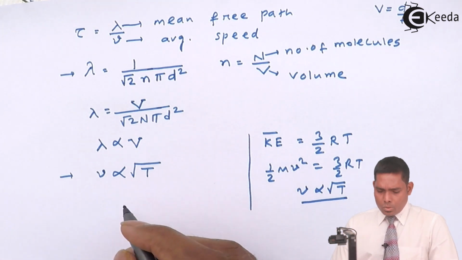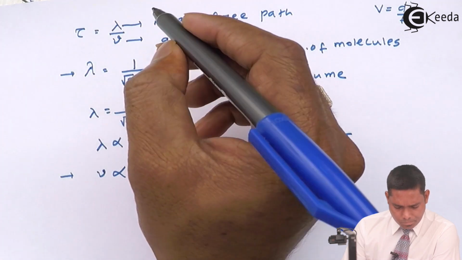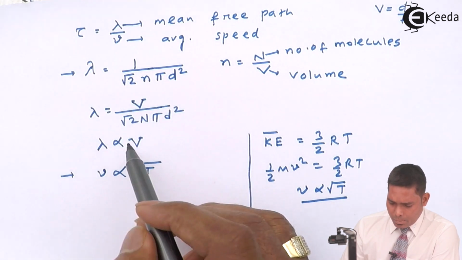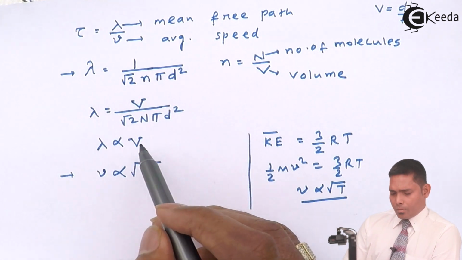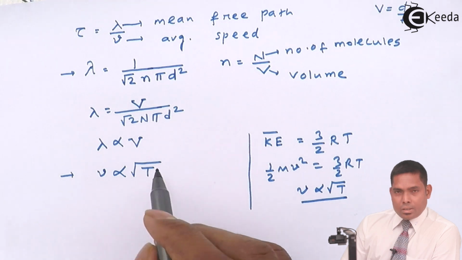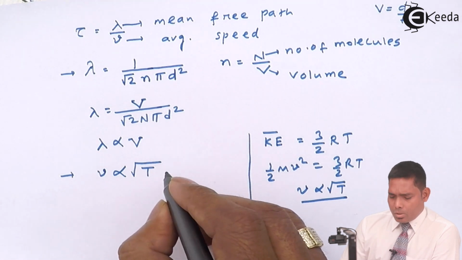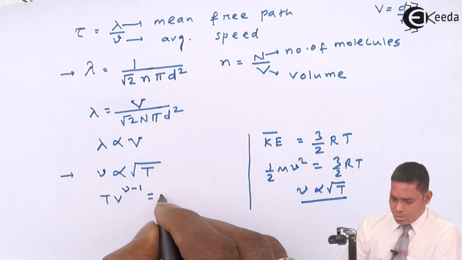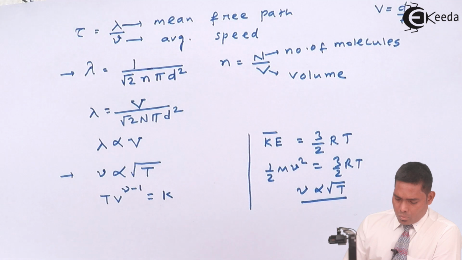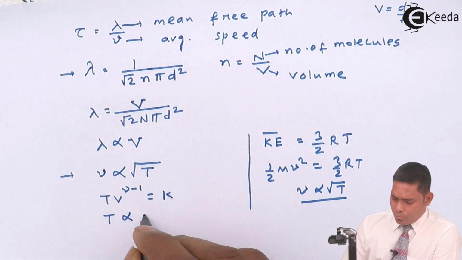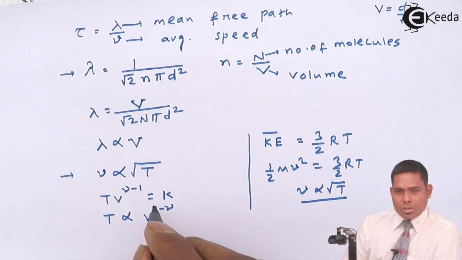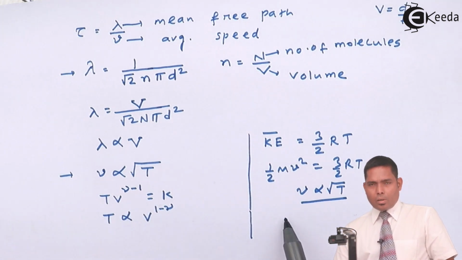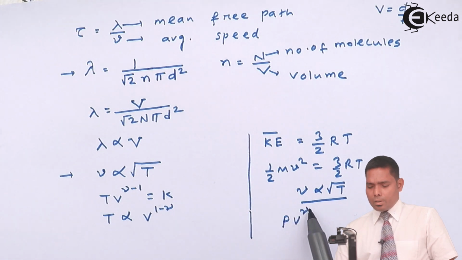But then I have to have the relationship between tau and V. Lambda is expressed in terms of V, and the speed should also be expressed in terms of V. The speed v is proportional to root of T, but because it is an adiabatic process, we have T V raised to gamma minus 1 is constant. So T is proportional to V raised to 1 minus gamma. There is another expression for the adiabatic process that is frequently used: P V raised to gamma is constant.